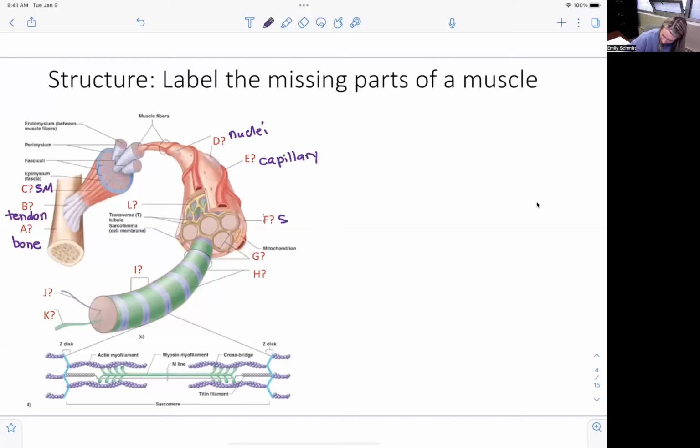F is our sarcolemma. G is our myofibril. H are striations. I is sarcomeres. J is going to be our actin. And K is going to be our myosin.